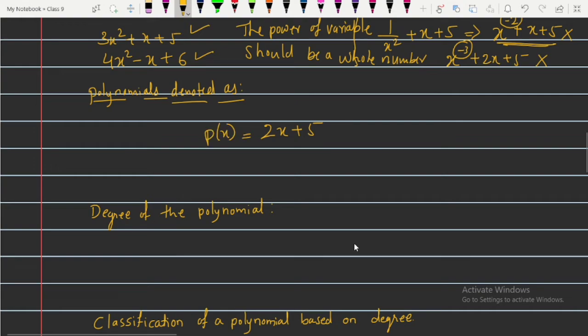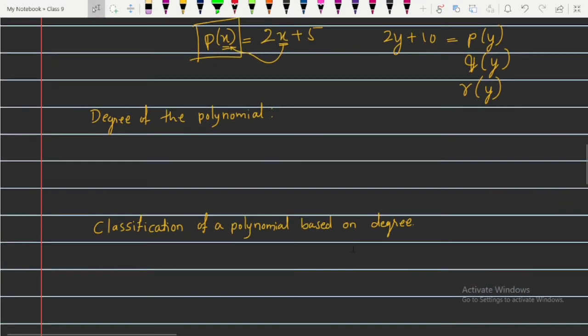The variable is taken inside the bracket. So if it is 2y plus 10, we can represent it as p of y, or q of y, or r of y. In this way we can write p of x equal to 2x plus 5 to denote the polynomial.